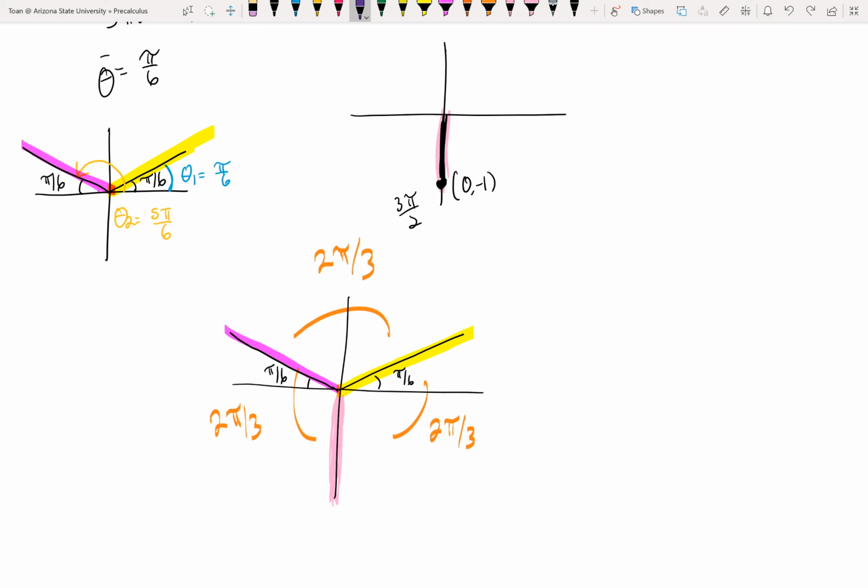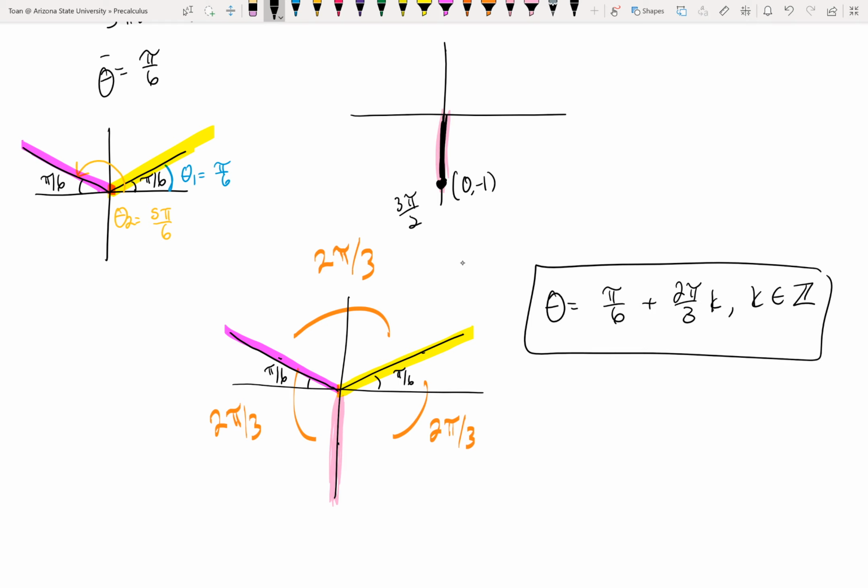So instead of yellow plus 2pi, purple plus 2pi, and pink plus 2pi, I can just say that my answer is pi/6, which is the yellow answer, plus 2pi/3 k, where k is an integer, to reach all of my other solutions.